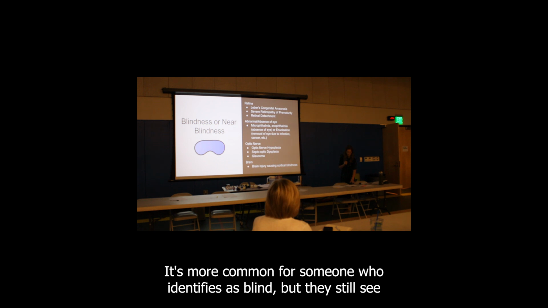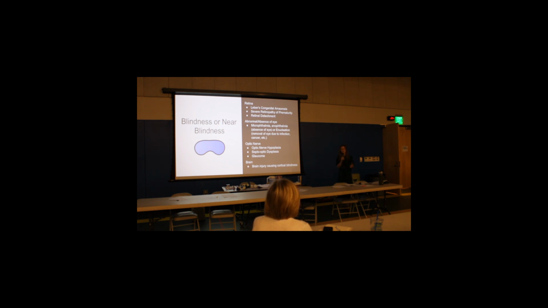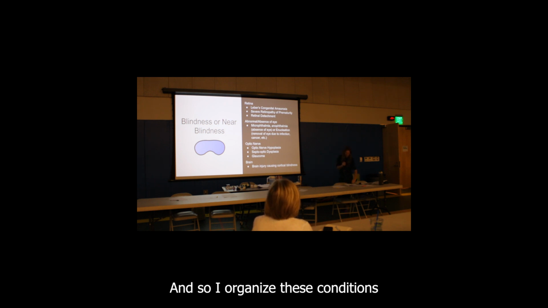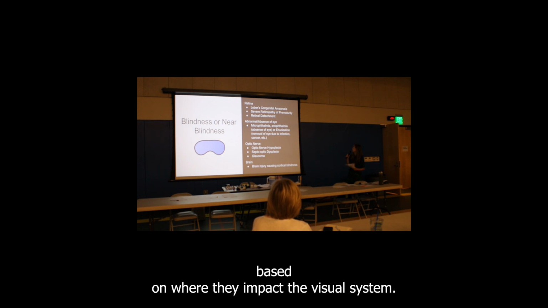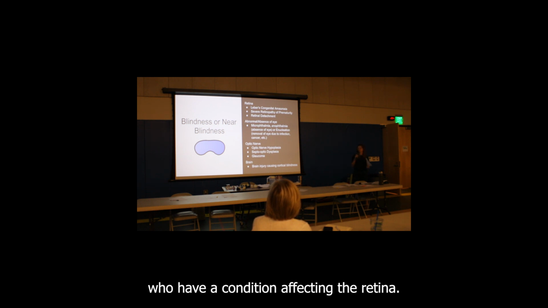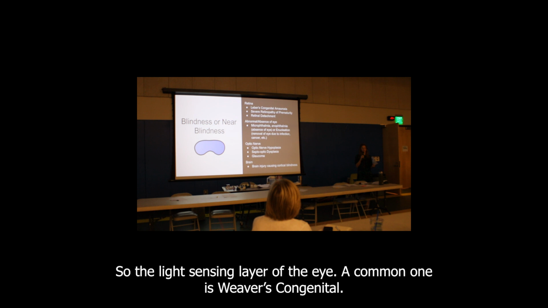It's more common for someone who identifies as blind that they still see maybe some light and shadows, maybe even some form perception. And so I organize these conditions that are commonly seen at MSB based on where they impact the visual system. And so you may see some students in programming who have a condition affecting the retina, so the light sensing layer of the eyes.